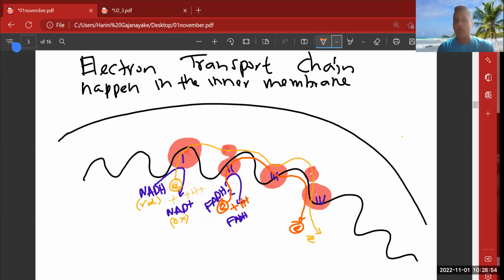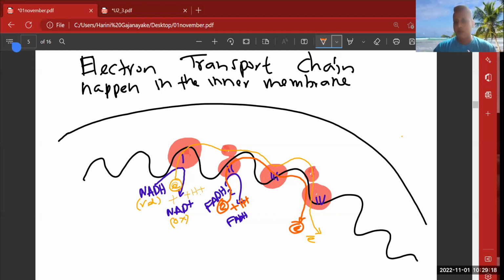You can check it. This electron energy is used to pump hydrogen ions in. It says across the membrane, the hydrogen ions move in. Right? So I don't have to show the notes now. So at PS2, hydrogen ions are pumped in.